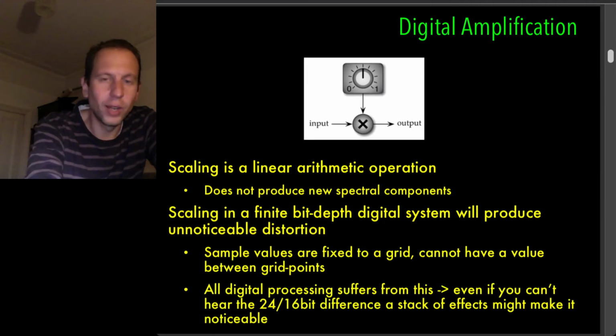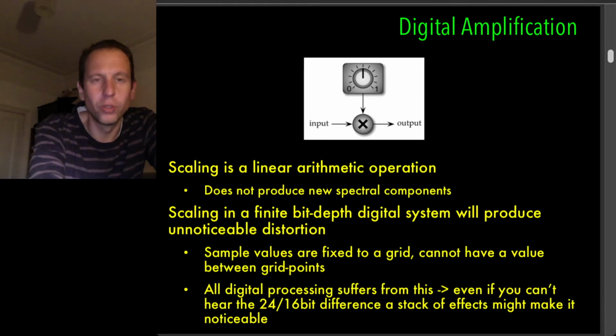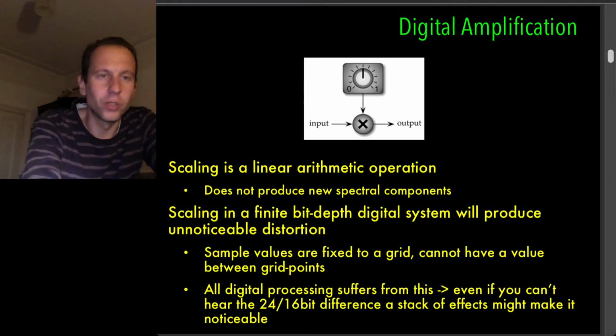So the digital counterpart of amplification, what you see here, is multiplication, scaling. And this is a very linear arithmetic operation. It will never produce new spectral components, evidently unless you hit the hard limit of your dynamic range, which in digital signals is typically +1 or -1.